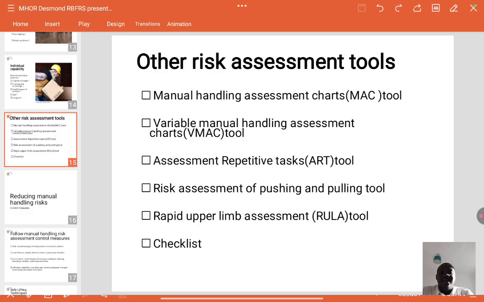Besides using those in undertaking risk assessment, there are specific tools like the MAC, the V-MAC, the ART tool, the risk assessment of pushing and pulling tool, the RULA tool, and also just following a checklist to undertake a risk assessment. So you can decide to use any of the risk assessment tools that we have when you are considering manual handling operations.